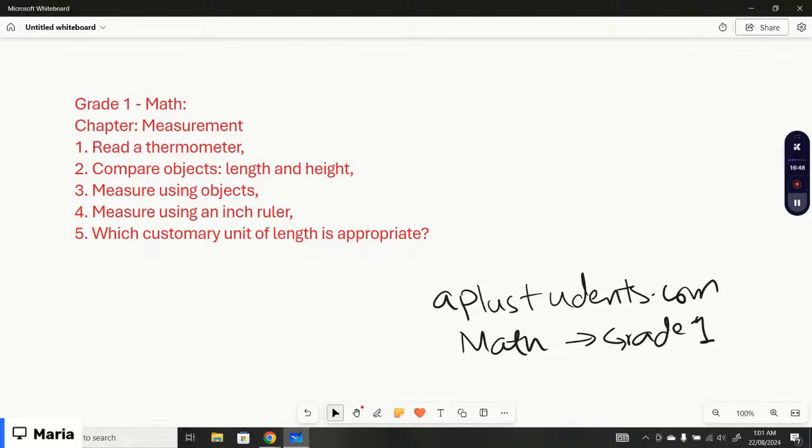There you can find a list of the chapters. We're going to start with the chapter measurement. The lessons we're going to cover today are read a thermometer, compare objects length and height, measure using objects, measure using an inch ruler, and which customary unit of length is appropriate.